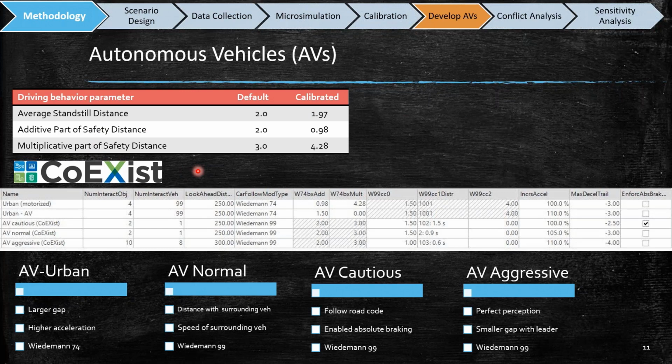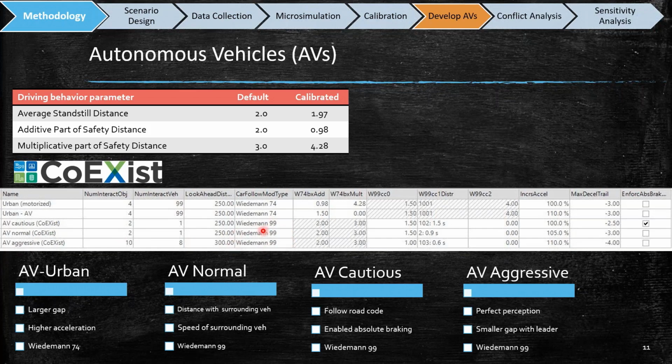The additive part of safety distance is really lower, and we have different other parameters that are not sensitive. The several types of AVs that we have in the Vissim microsimulation are defined with different types of car following models.